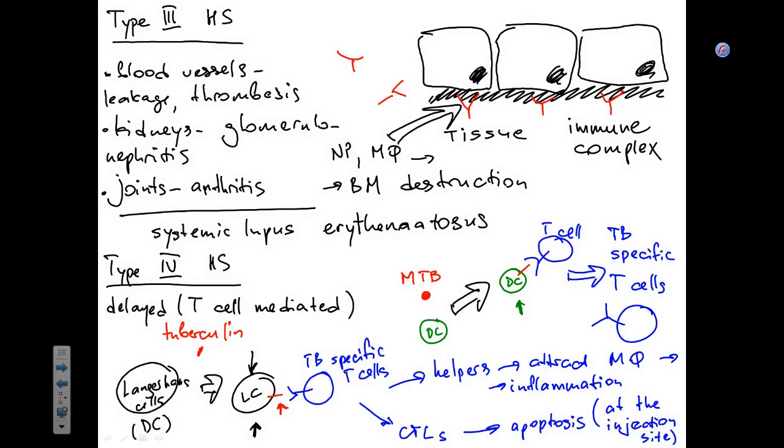What I was about to say. The more severe your response is, the bigger the bump, the more robust T cell response you produce, which means if it's really large, it's likely that you have an active infection. If it's smaller, you may have been exposed.